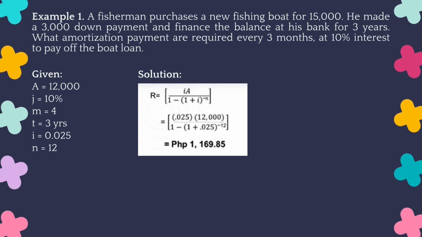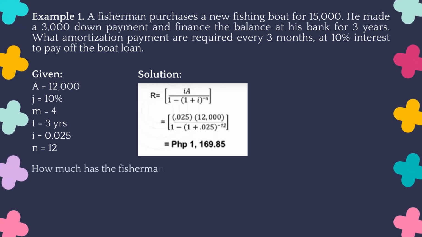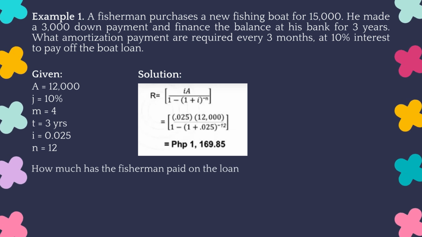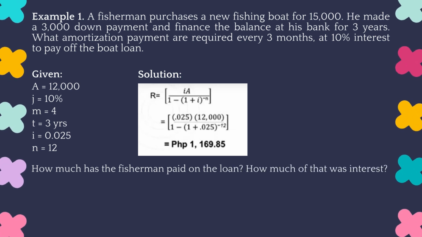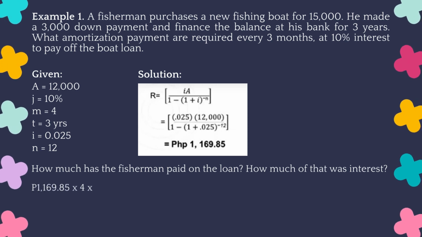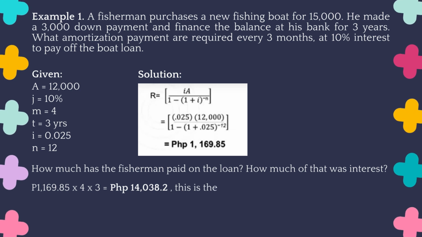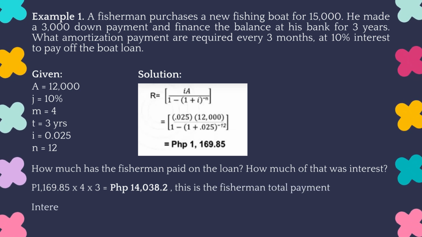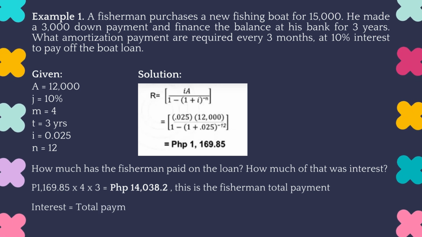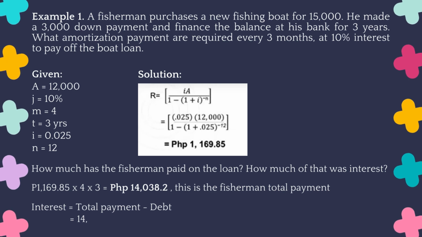So, for the follow-up question, how much has the fisherman paid on the loan? And how much of that was the interest? So 1,169.85 times 4 for compounded quarterly times 3 for the time 3 years equals to 14,038.2. So mao to siya ang total payment of the fisherman, and how much of that was the interest?